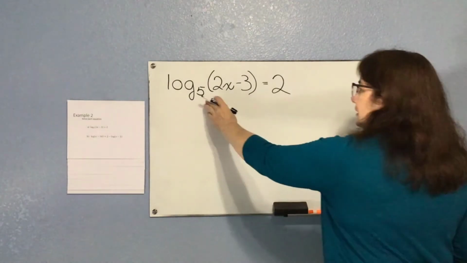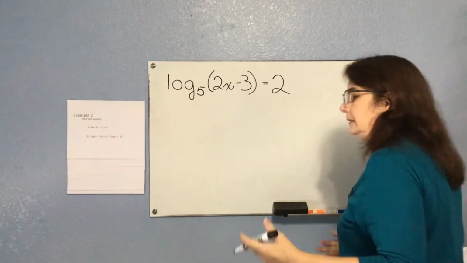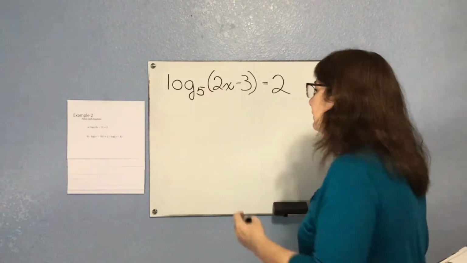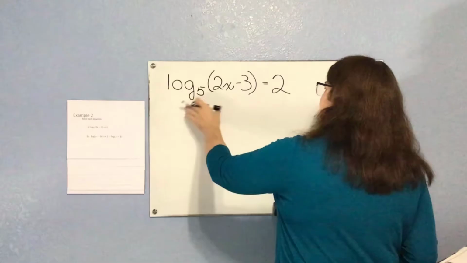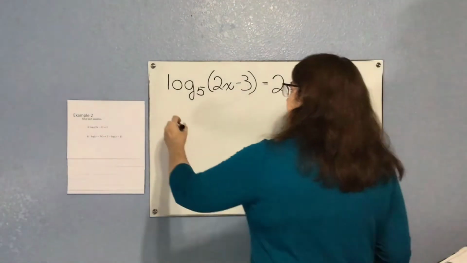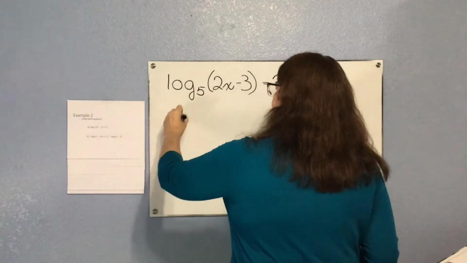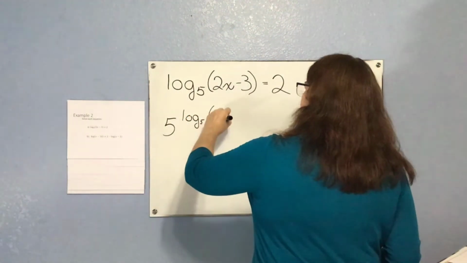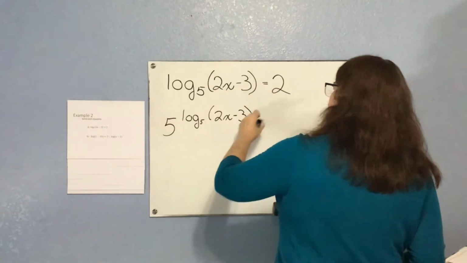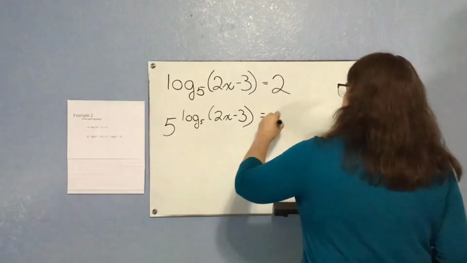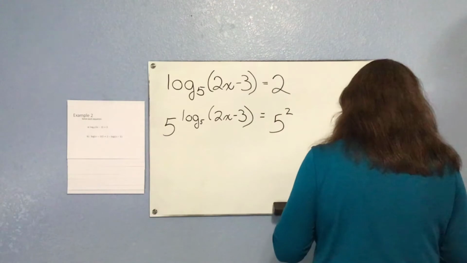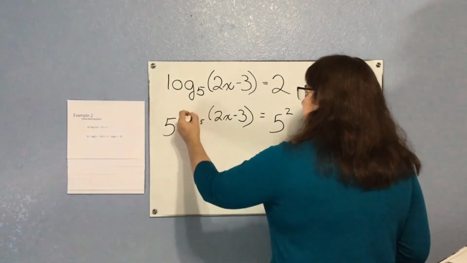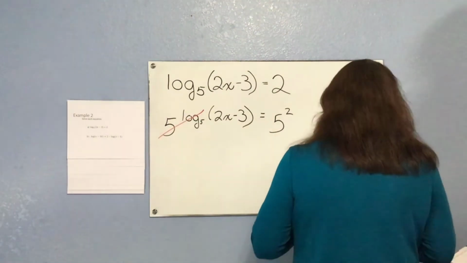Okay, so I have log base 5, which I don't have on my calculator. So to get rid of that log base 5, I'm going to take both of these and make them exponents of 5. So over here I have 5 to the log base 5 of 2x minus 3, and over here I have 5 squared. Well, doing this makes those go away.